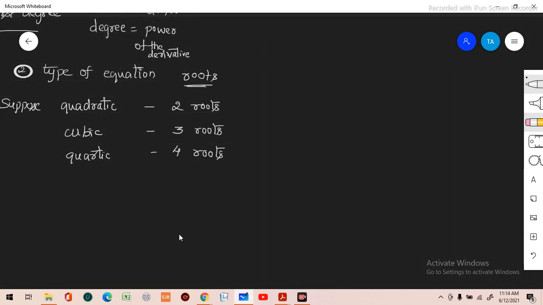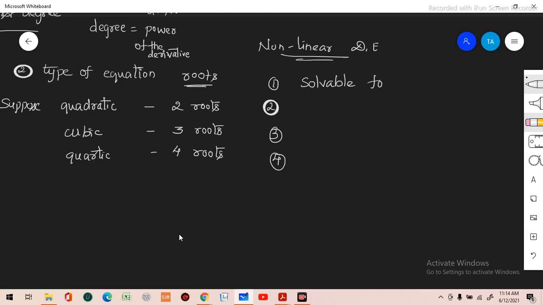When we talk about non-linear differential equations, we have 4 types. The first type is solvable for p.